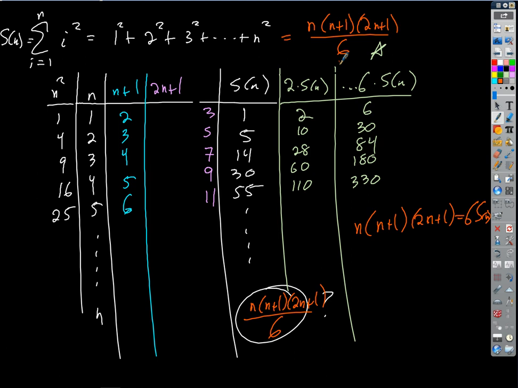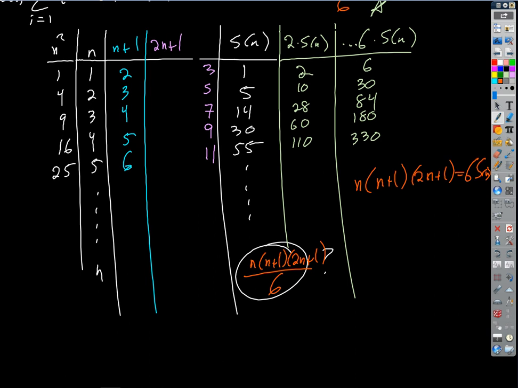Now I'm just going to give you the one for n cubed. To add up the sum of i cubed from 1 to n, you just get n squared times n plus 1 squared over 4.